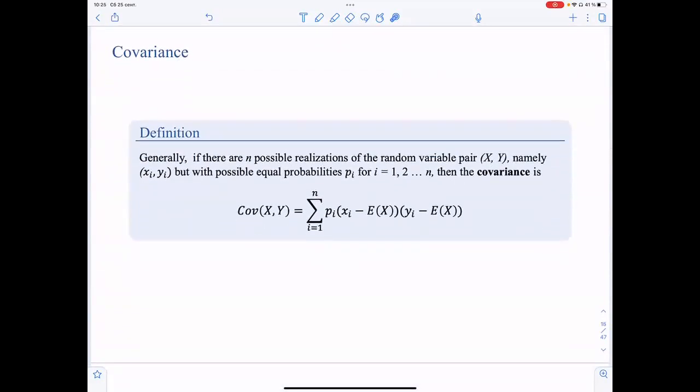In terms of the discrete random variable, we have probabilities of every elementary outcome, and every elementary outcome is presented by the variable x and by the variable y. And actually, I have a typo. I'm very sorry. There should be 1 minus the expectation of y.